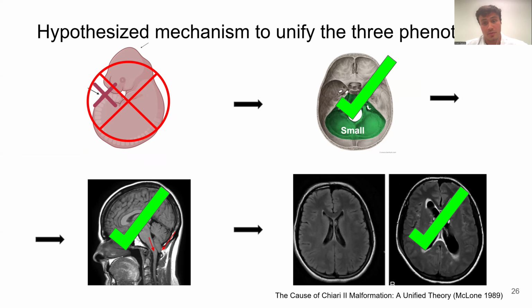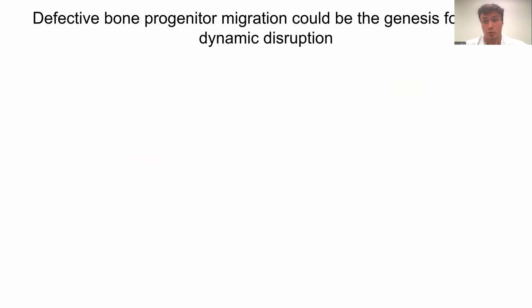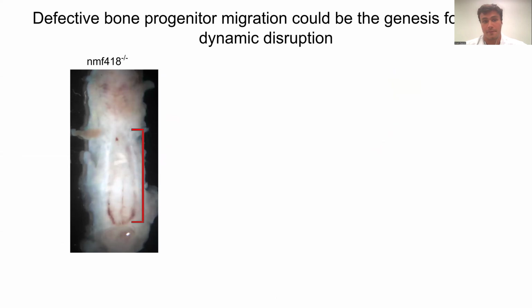So there must be something that is actually disrupting cerebral spinal fluid pressure dynamics, and that is believed to be defective bone progenitor. This hypothetically could be defective bone progenitor migration, as we see that there is a defective patterning of the dorsal column in these mice, as is indicated by the failure of the vertebral column to close and exposure of the spinal cord.